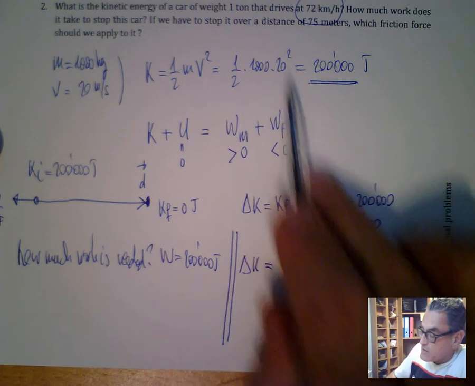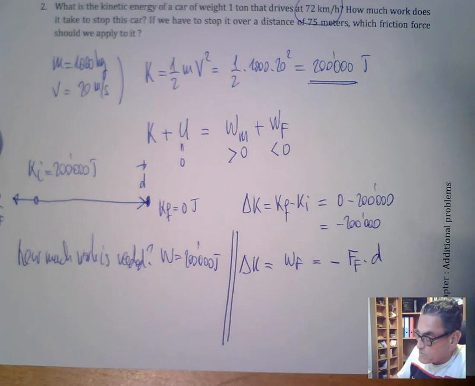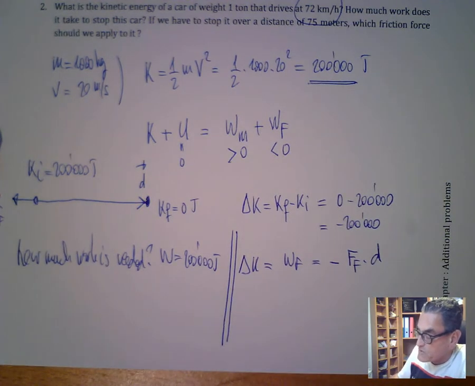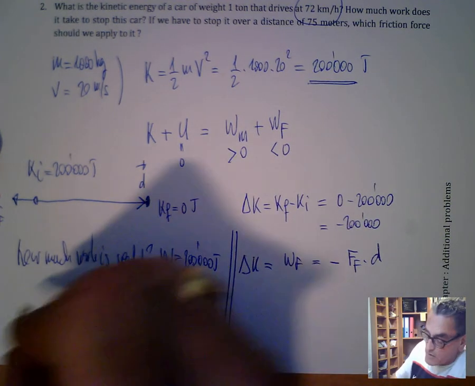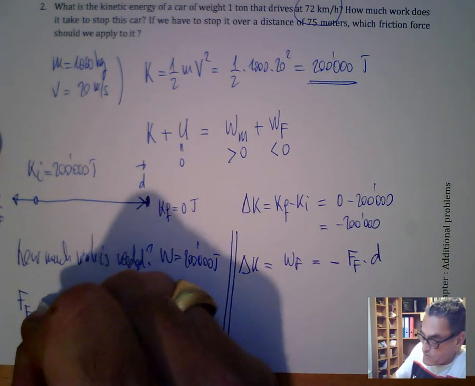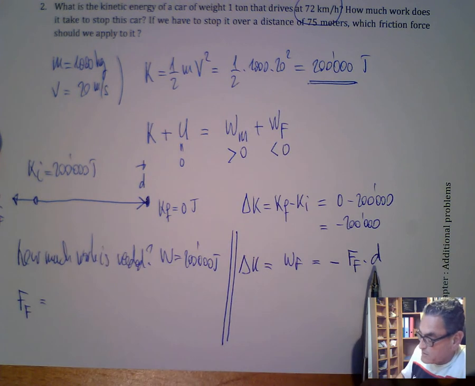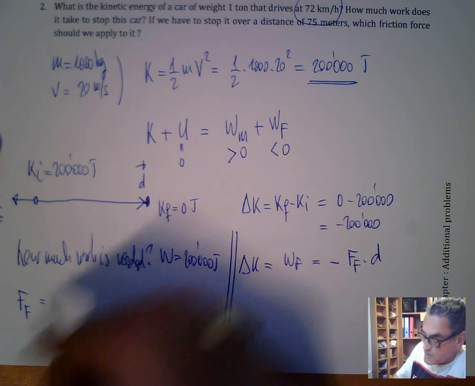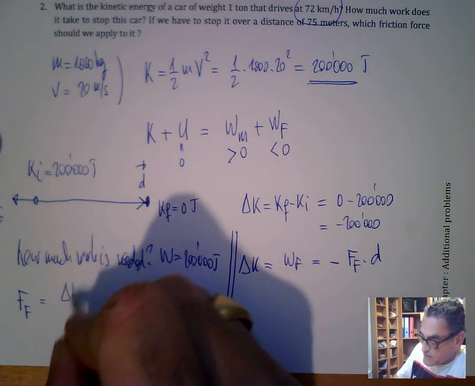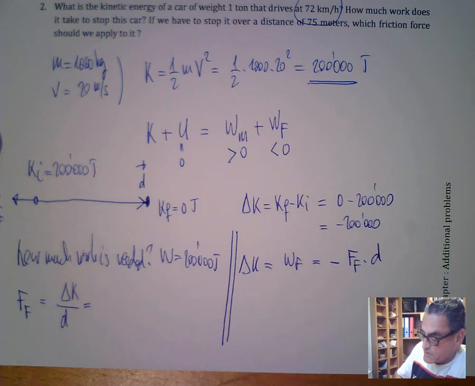And now if we have to stop it over a distance of 75 meters, what force should we apply? Well, we know from this formula that the force is delta K over the distance.